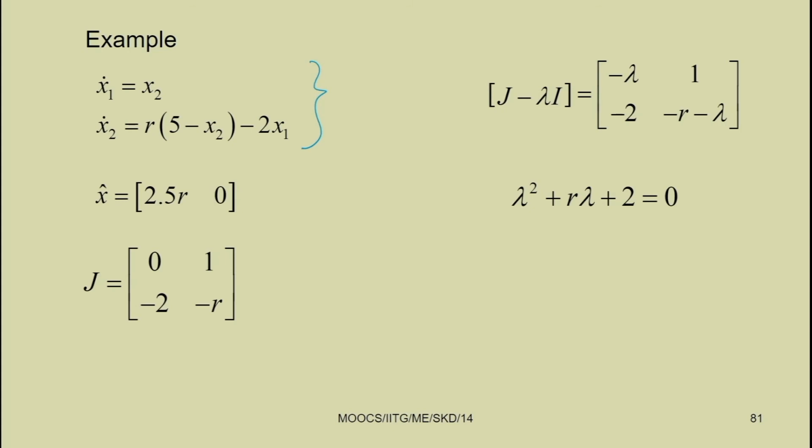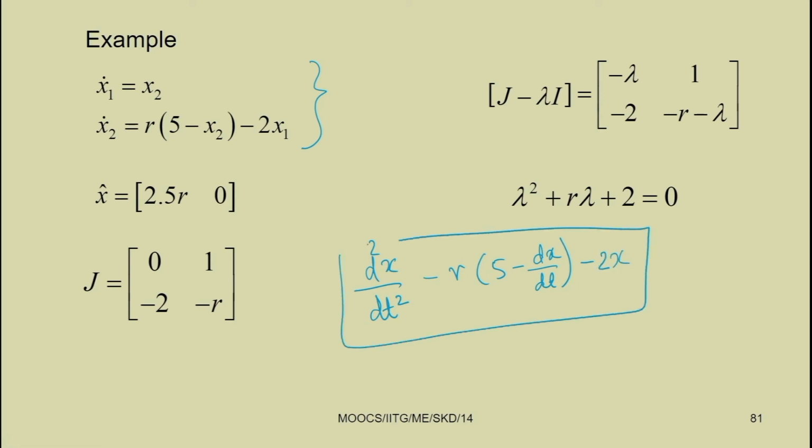The corresponding second order equation is d square x by dt square minus r into (5 minus dx by dt) plus 2x equal to 0, where x2 is dx by dt and x1 is x.